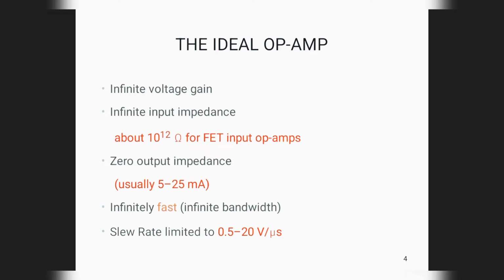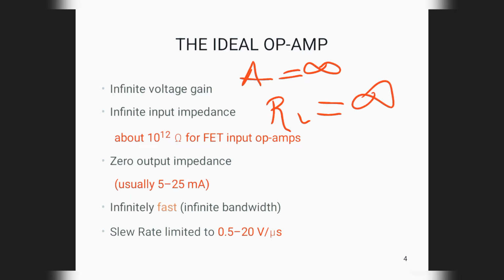Now, the characteristic of an ideal op-amp. The gain of the op-amp is always infinite. The input resistance is infinite. The output resistance is infinite ideally.